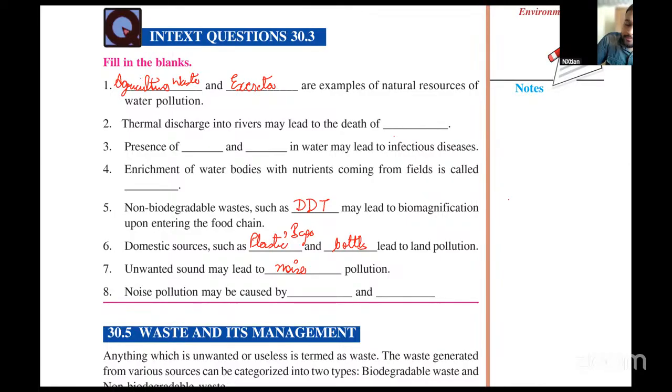Anything, Joshua, you want to say? Thermal discharge into rivers may lead to the death of fish or aquatic animals. Good. Understood?